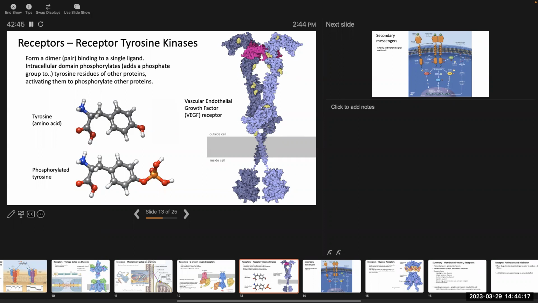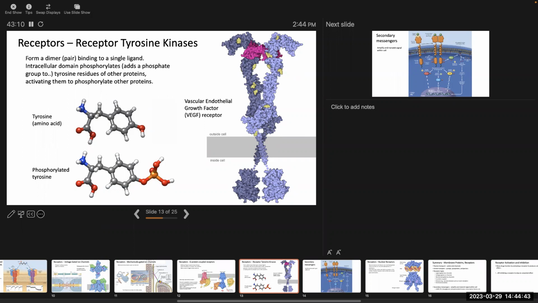The name of the molecule comes from the fact that once this receptor has been activated by its ligand, it then adds phosphate groups to tyrosine residues on other proteins inside the cell. Now, remember what the word residue means.